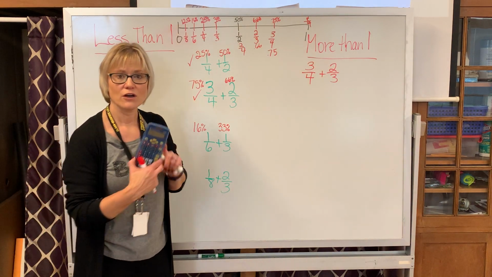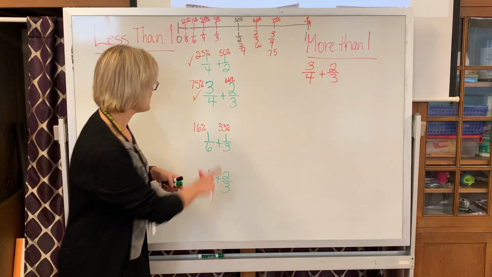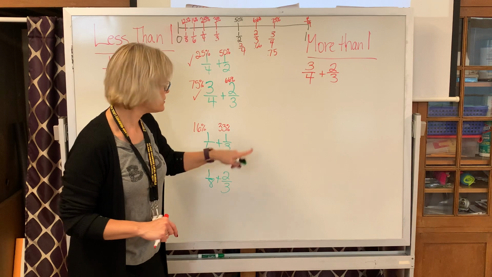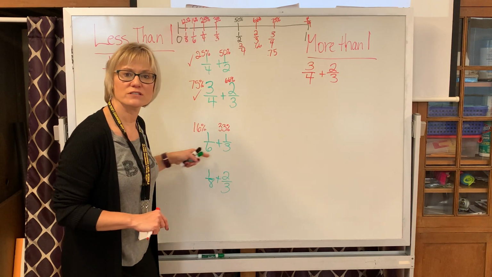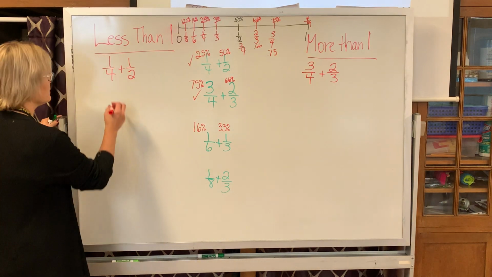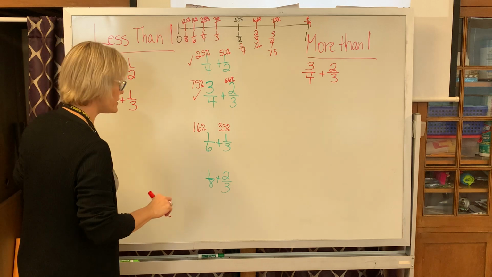You can check these on your calculator and make sure we have all the percents right. All right? So then when I add this up, this is not going to give me 100%. So if I change the denominators and add, this is going to give me less than 1. So 1/6 plus 1/3 belongs over here.